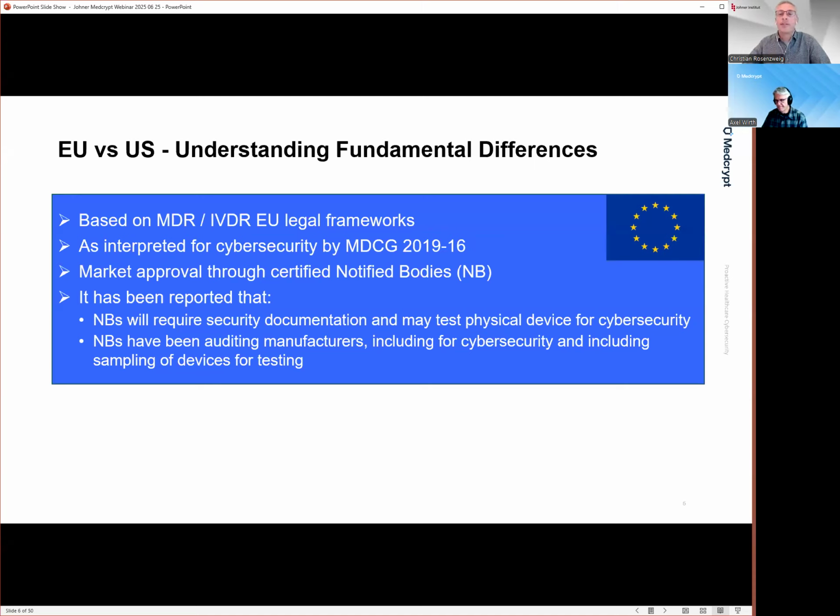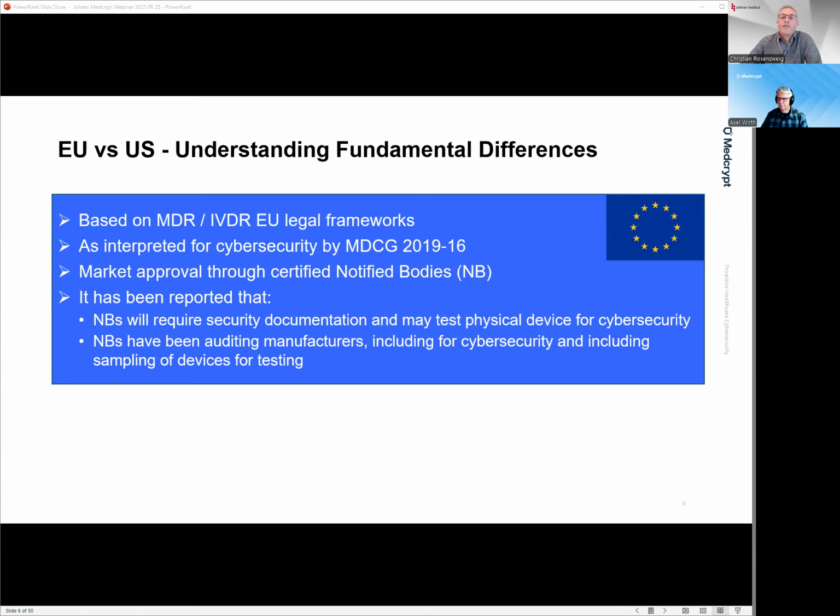Yeah, so I will start to talk about the similarities and differences between Europe and the US. In Europe, the Medical Device Regulation and In Vitro Diagnostic Regulation have a clear requirement for cybersecurity. Annex 1 says if the device contains software or is software, then principles of information security in accordance with the state of the art shall be followed.